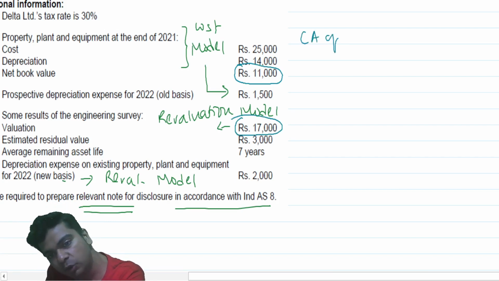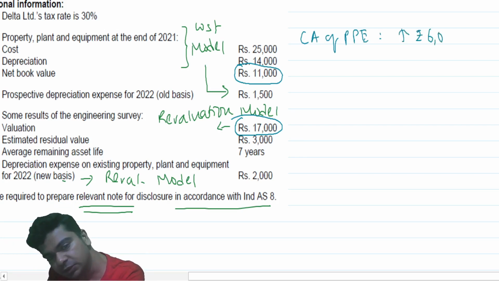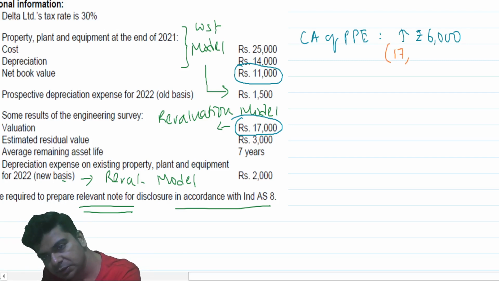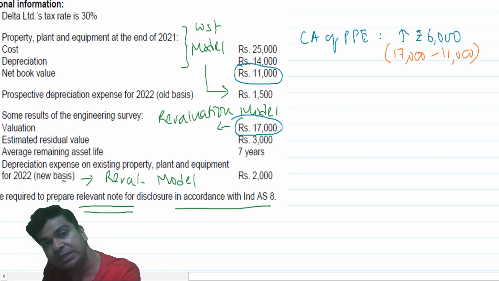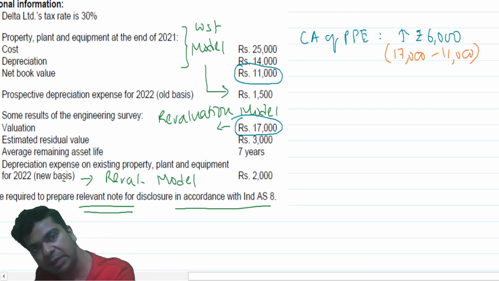Hence, carrying amount of PPE is going to increase by rupees 6,000, isn't it? 17,000 minus 11,000. The carrying amount of the PPE will increase by 6,000. That should be described in your note.